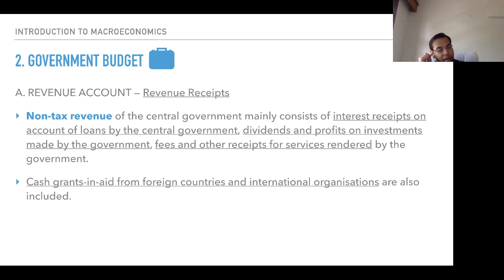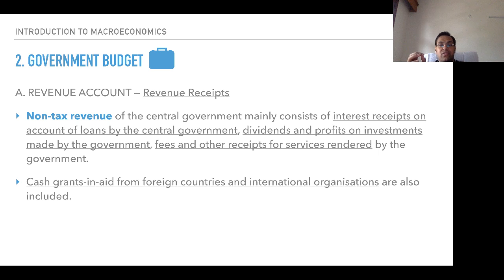Whenever PSUs make profits, they distribute dividends to their shareholders. If the government is the only shareholder, which means it is an entirely 100% government company, then the government would get all the dividends. Whatever dividend income the government gets is credited to the consolidated fund of India. That is considered a non-taxation revenue. Interest income is also considered a non-taxation revenue.